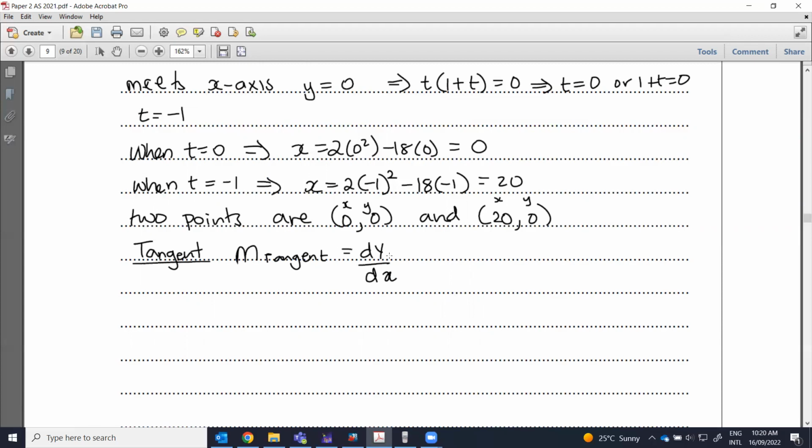Now, because these are parametric, the formula we use for finding dy/dx, when x is in terms of t and y is also in terms of t, is dy/dt divided by dx/dt. Differentiate y with respect to t, and then also differentiate x with respect to t, and then you divide.